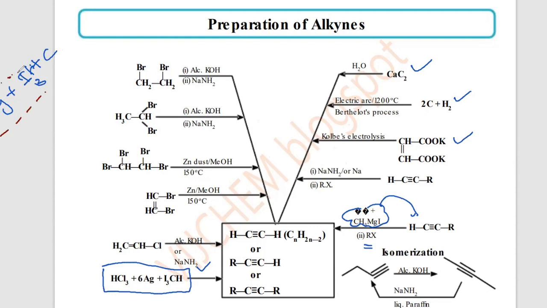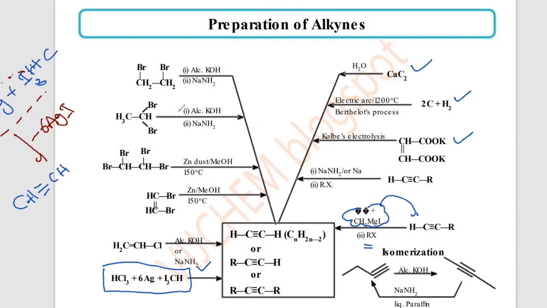So 6 moles of AgI will be eliminated. So what is left over? Let us count here. So CH triple bond CH. So that is the difference between the preparation of alkynes, and when you add it further, you can make it into the haloalkane also. Okay.